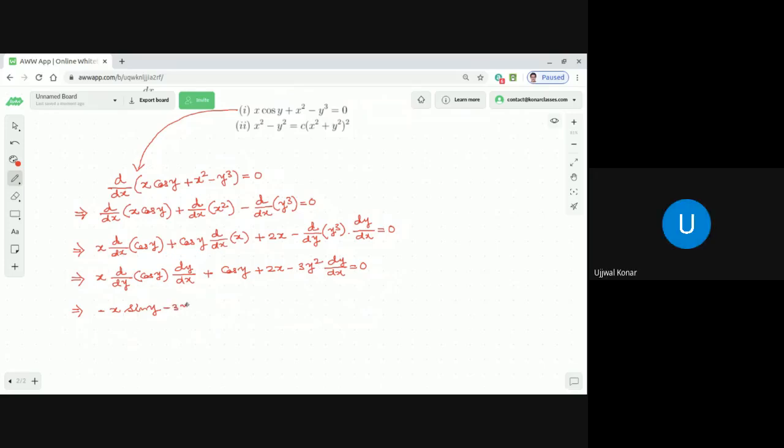So minus 3y squared, all we can have dy/dx, that is equal to minus of 2x plus cos y. Correct or not? Yes. From here, minus minus got cancelled on both sides. So dy/dx is equal to (2x plus cos y) divided by (3y squared plus x sin y).